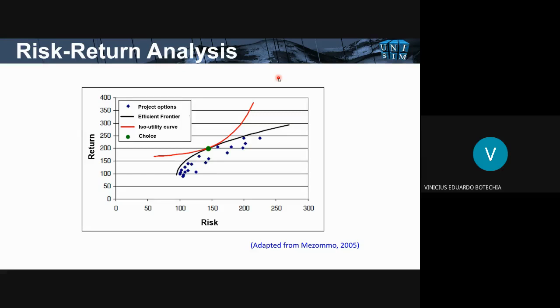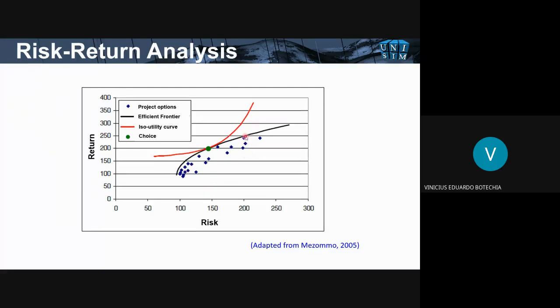It has been used for a long time, and it has already been criticized as well, but anyway. You have here these blue points that are project options, and you have here the efficient frontier. What is the efficient frontier? This is the important thing here. The points on the efficient frontier are the project options that I would choose regarding some level of risk. For instance, each project on this curve has the maximum return associated to a certain level of risk.